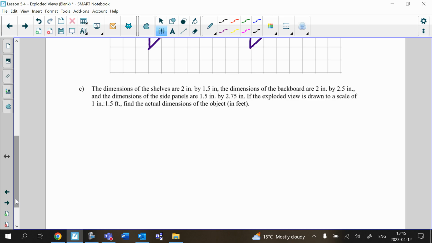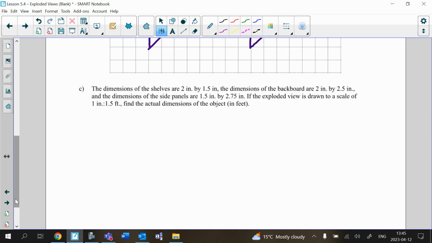The backboard is 2 inches by 2.5 inches. And the side panels are 1.5 inches by 2.5 inches. If we change that to actual dimensions, we see that 1 inch represents 1.5 feet. So doesn't that mean that we have to multiply all these dimensions by 1.5?